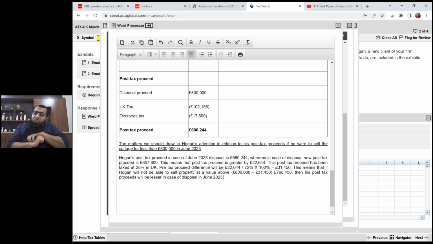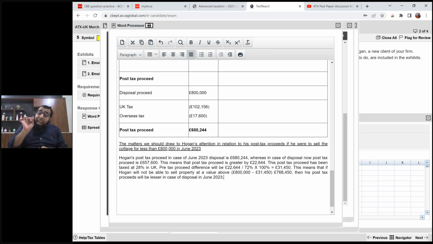I know that some of the students may have got confused by now. They may not be able to understand what the requirement was asking. I completely agree with you that the requirement was a bit vague, and you may have got confused.